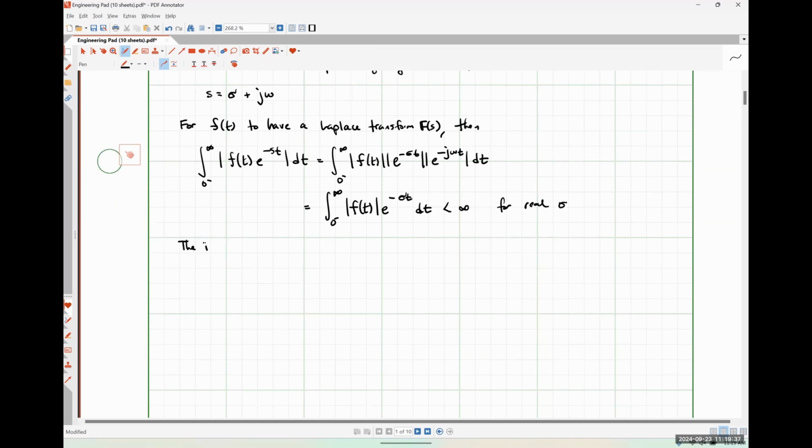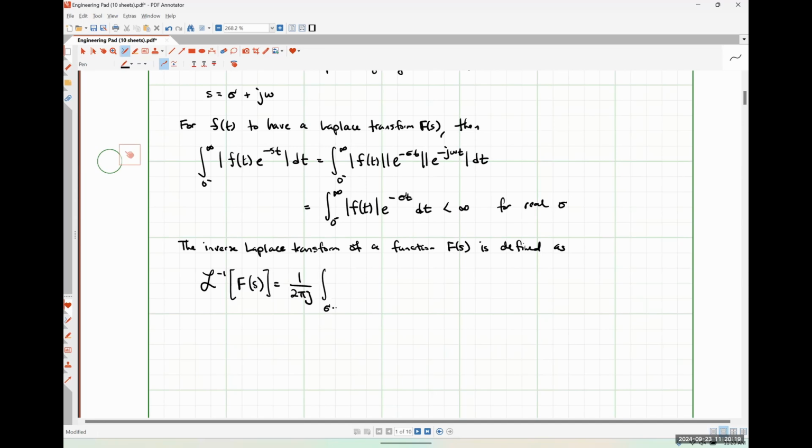So the inverse Laplace transform of a function F of s is defined as, so big script L with a -1 superscript to let us know that we're doing the inverse, is 1 over 2 pi j times the integral from sigma minus infinity to sigma plus infinity of F of s e to the st ds, which just returns our function.